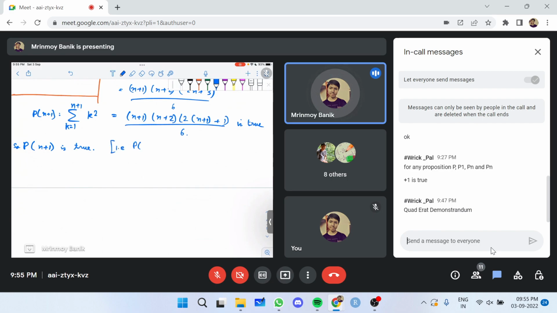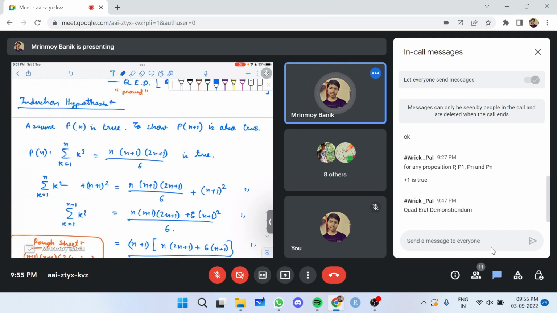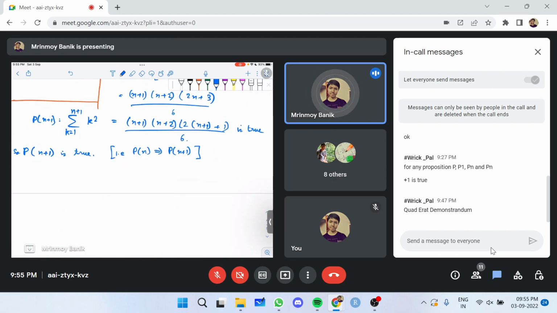That is, Pn implies Pn plus 1 is true. And you didn't have any assumptions on n. So this holds for all n naturals.